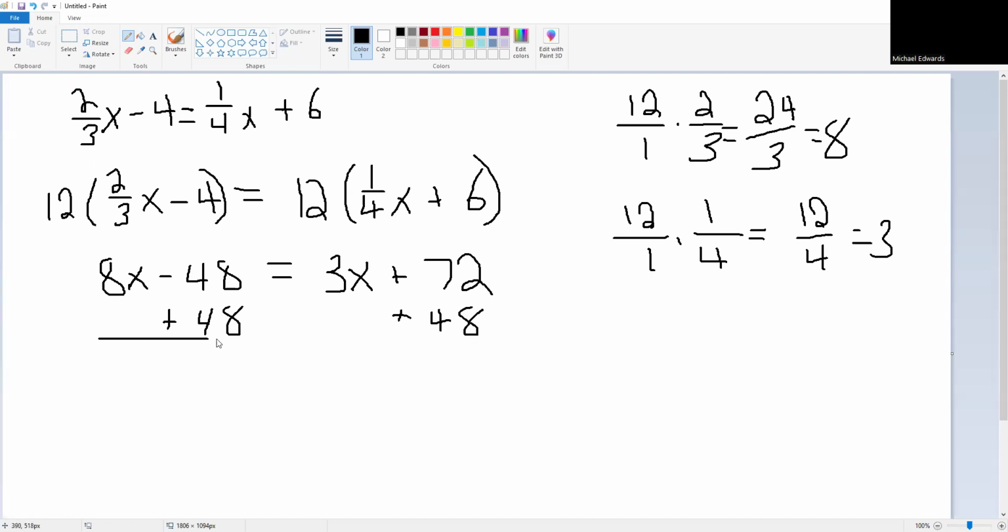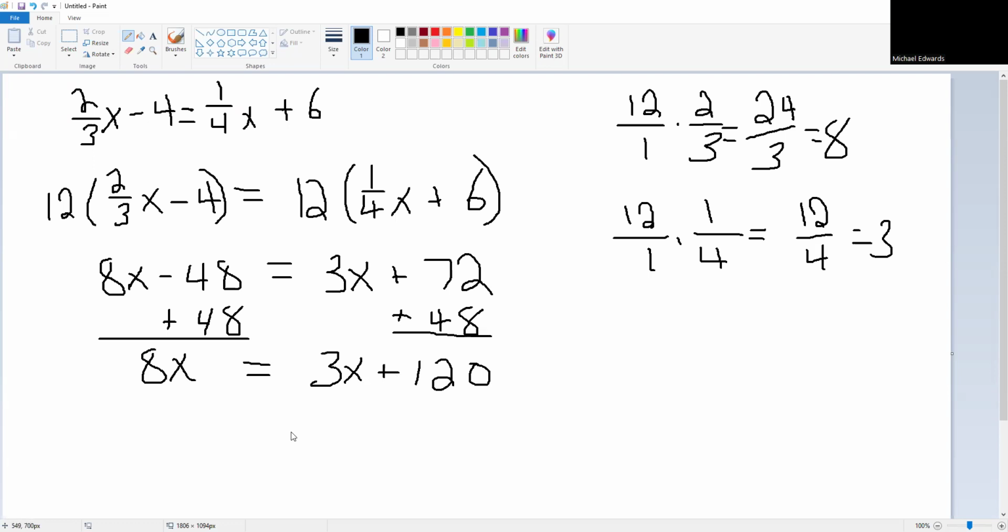So this equals 8x equals 3x plus 120. We could do it this way, and I was just adding there.